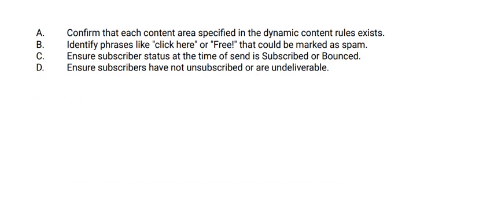Option B identify phrases like click here or free that could be marked as spam. Option C ensure subscriber's status at the time of send is subscribed or bounced. And option D ensure subscribers have not unsubscribed or are undeliverable. The correct option is option A.